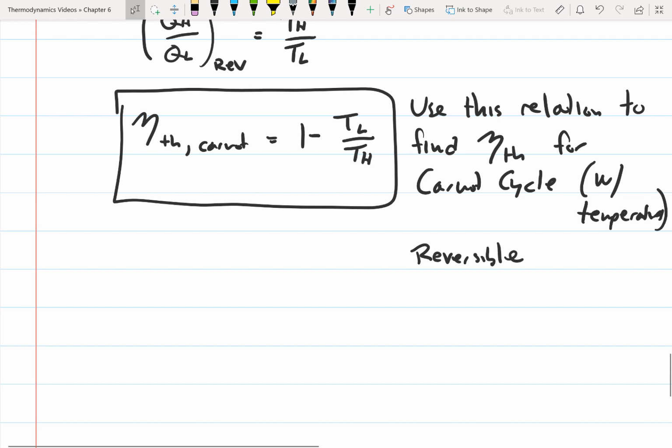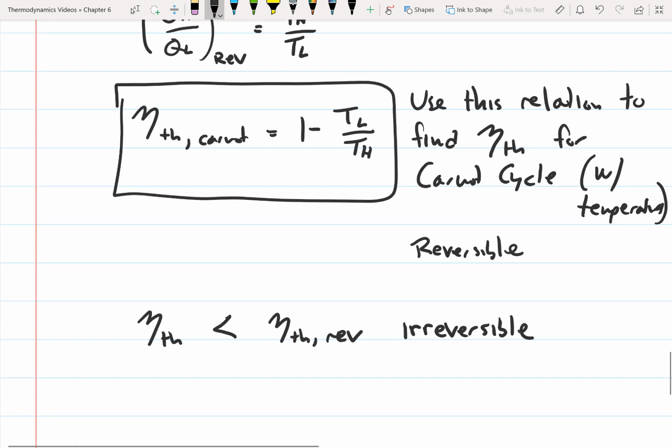If our thermal efficiency is less than the reversible thermal efficiency, or the thermal efficiency for the Carnot cycle, we know that our cycle is irreversible.